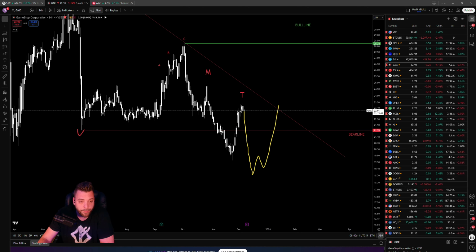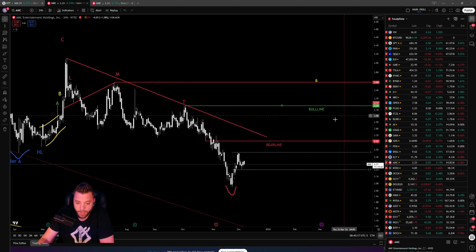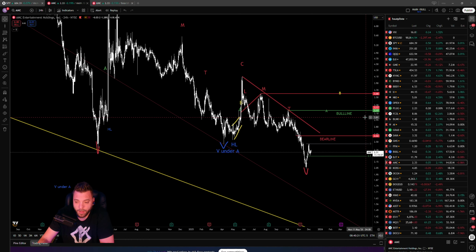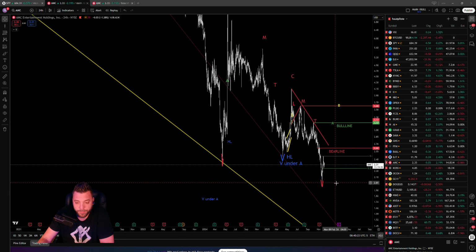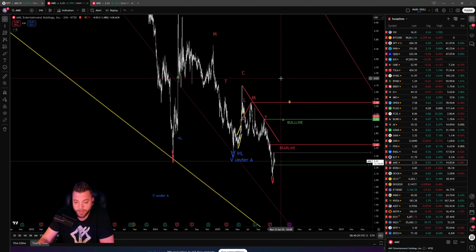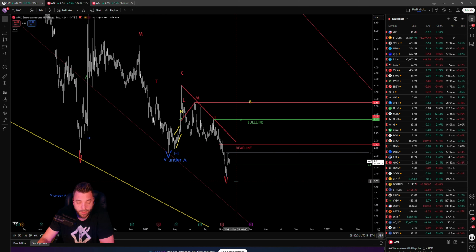And yeah. So for AMC, if this is the bottom, we are close. Okay. There's still a possibility we have to do a new lower low, something at 190-ish. But even if we get that, we still have to do the higher low.